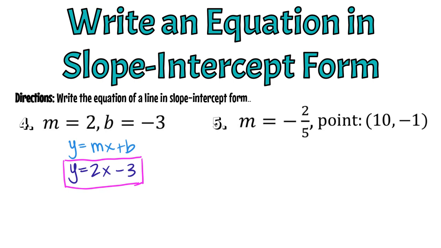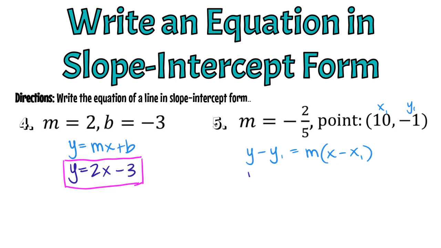Notice in number 5, we're given the slope, and we're given a point, but that point is not the y-intercept. In this situation, we need to plug our information into our point-slope form. If you remember from our previous video, the point-slope form is y minus y1 equals m times the quantity x minus x1, where our point then here is (x1, y1).